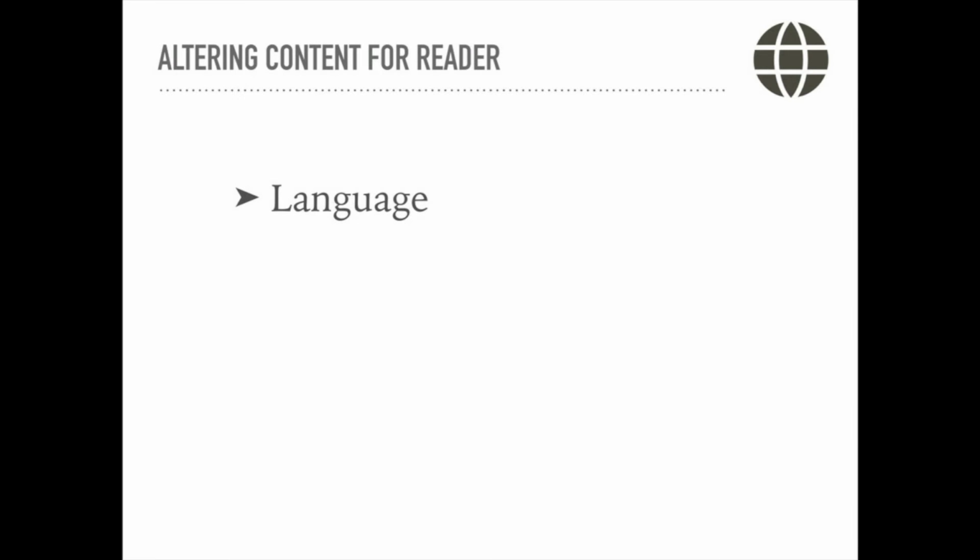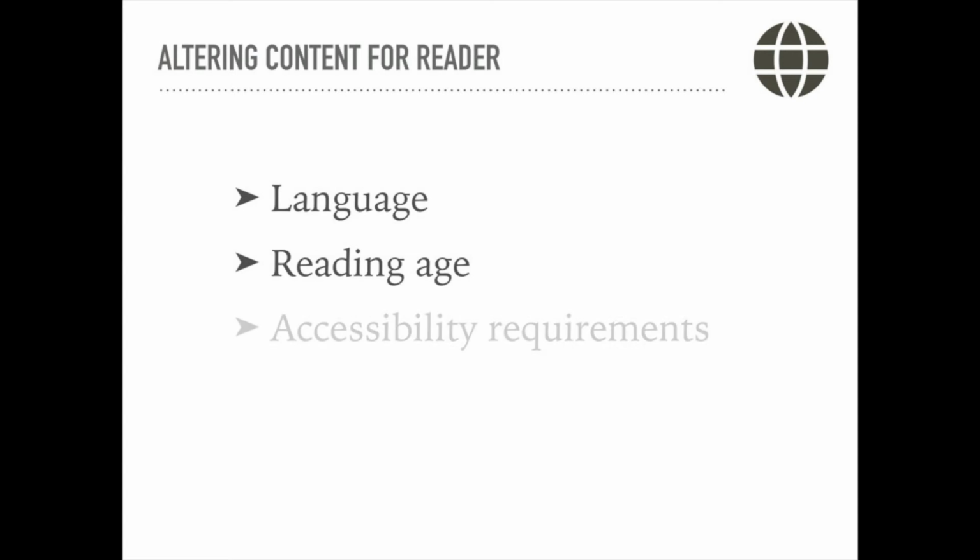And that means we could also alter what it is that the reader is experiencing. Maybe they want to read this publication in a different language. That would just be a switch to change the language of the content that's being presented. Maybe the person reading it needs to have it at a different level of complexity, maybe because it's a foreign language, or maybe they're still learning to read, so the reading age could be changed.